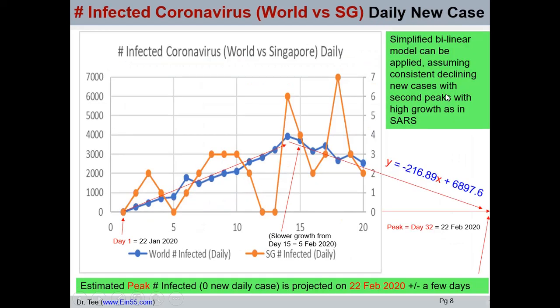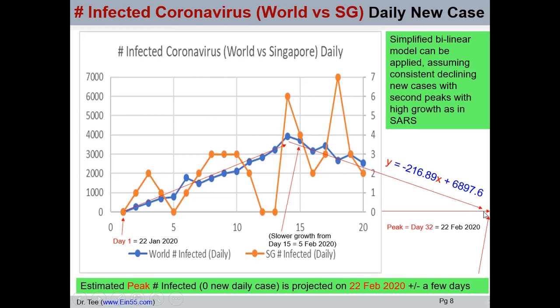So what I can do is this: we monitor the changes over here. Assuming this is a very consistent downtrend, we can actually draw an intersection over here. And this is the ideal case.